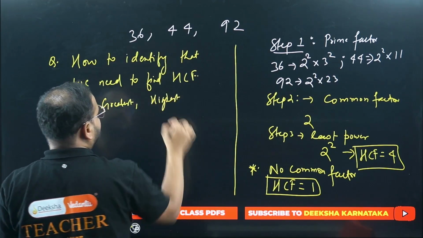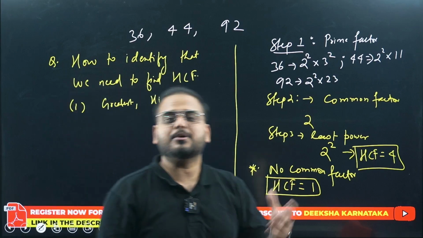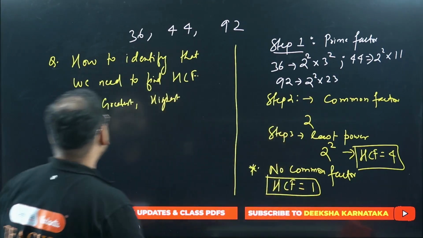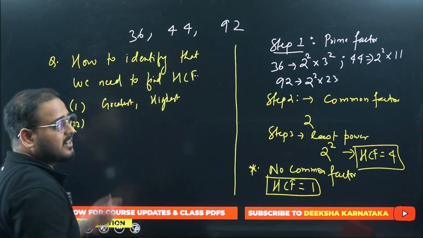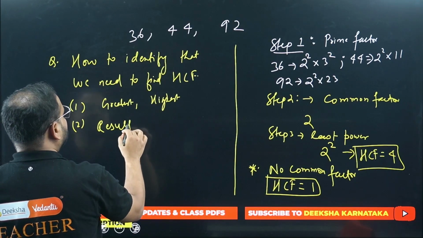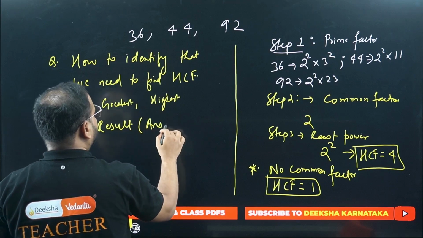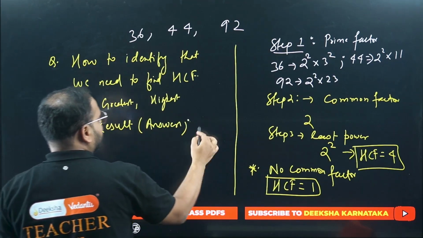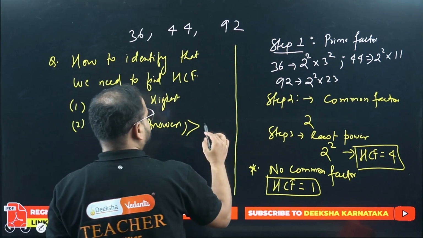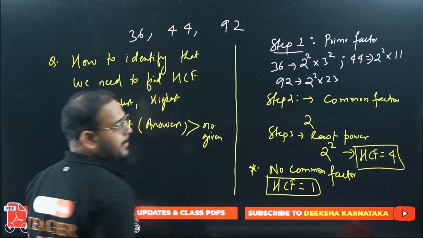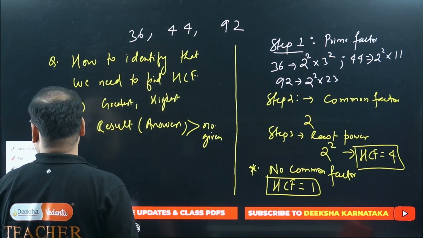Use the statement to make sense for the question. If it makes sense with highest and greatest, HCF it will work. Secondly, look at the result, the resulting answer. If the result is greater than the numbers given, it will be LCM.